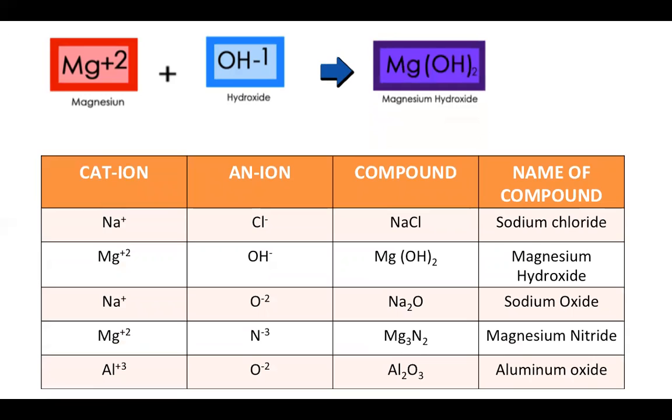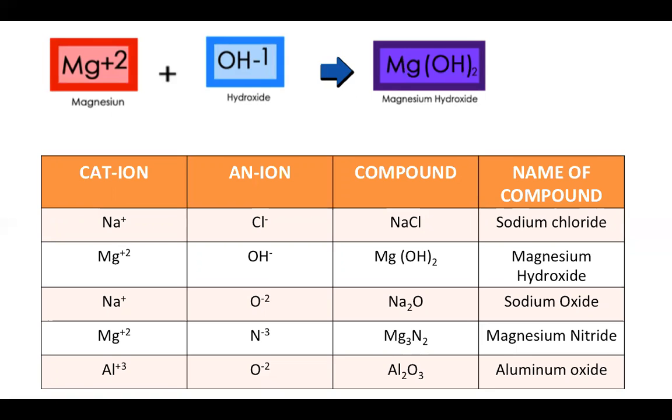Remember this one. These other examples. You have the cations: sodium, magnesium, and aluminum. Then the anions, you have chlorine, hydroxide, oxygen, nitrogen, and oxygen. So the chemical formula would be NaCl from Na plus Cl. Magnesium plus hydroxide is Mg(OH)2. Remember the crisscross method.